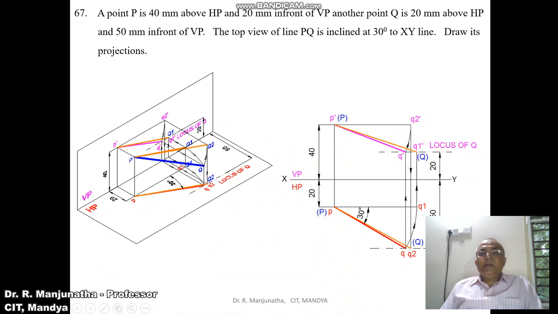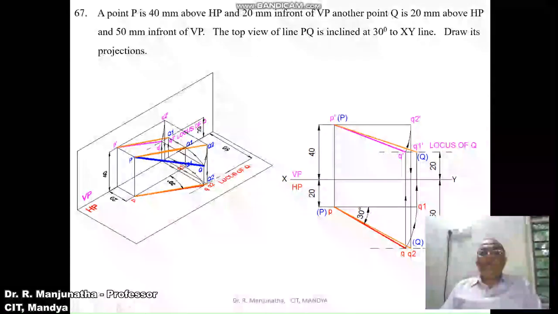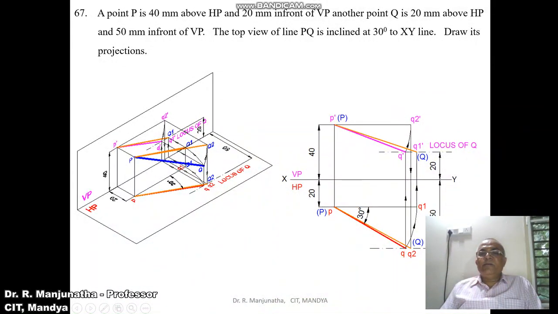Now we need to find the true length in the horizontal plane. To find it, take the front view distance, which is P dash Q dash. With P dash as center, using the compass, draw an arc with P dash Q dash as the radius such that it cuts the locus of P in the front view here.